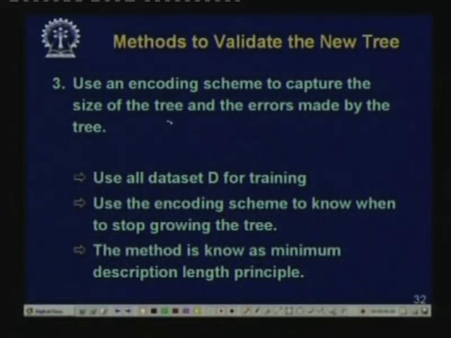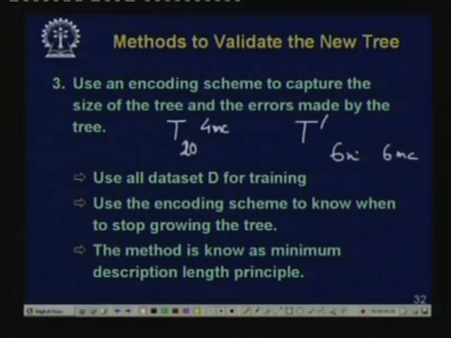Suppose you have a tree T which is larger in size, let us say T uses 20 nodes and it makes 4 misclassifications. Suppose T prime has 6 nodes and it has 6 misclassifications. Which one would you prefer?